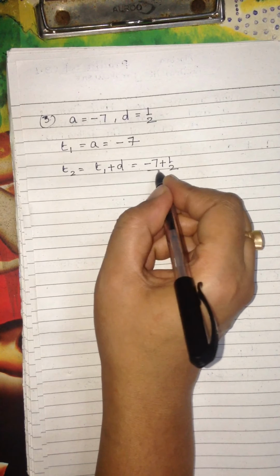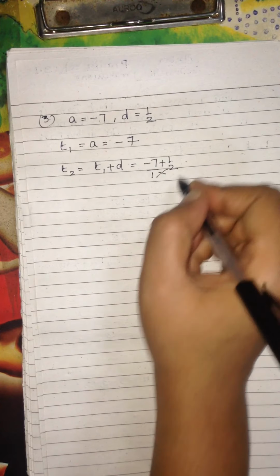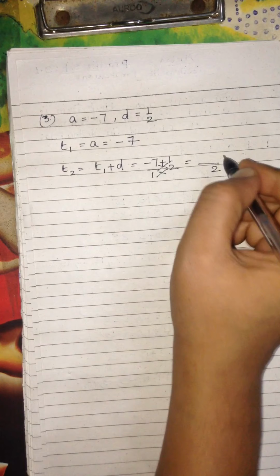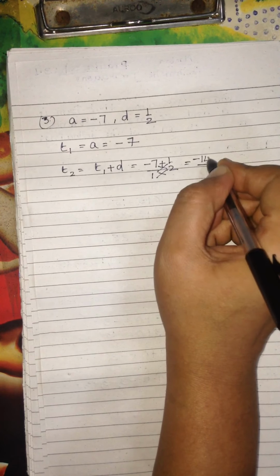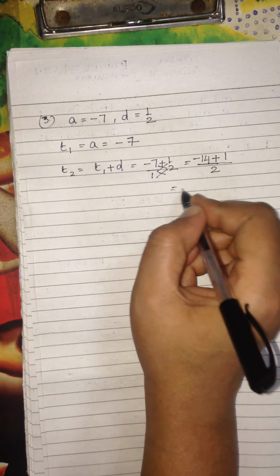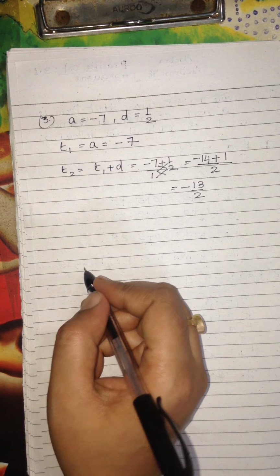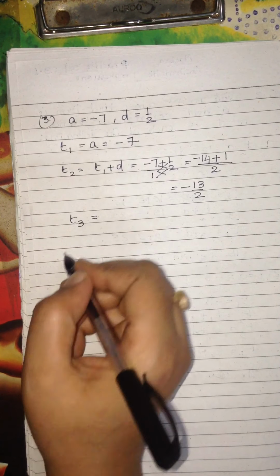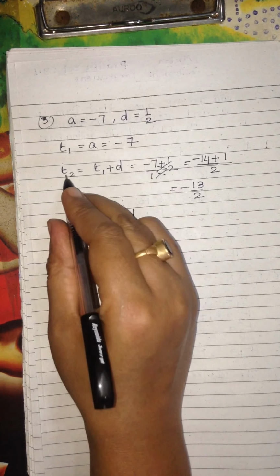Be careful over here, you have the denominator 1, so cross multiplication of the denominators will give you 2, and cross multiplication with the numerator, -7 into 2 gives you -14, plus 1 multiplied by 1 is 1, that gives you -13/2.